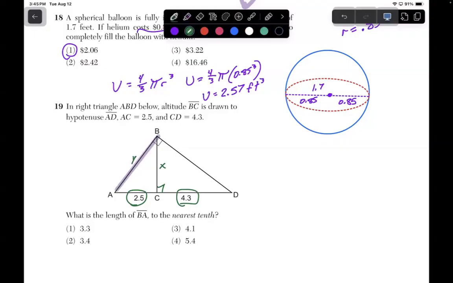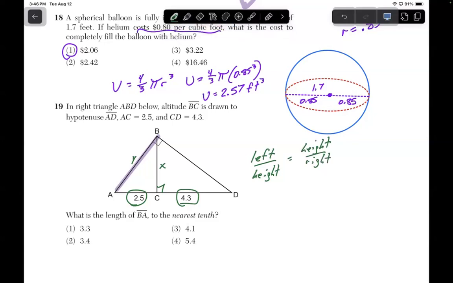But I can find the height using that fun little formula: left over height equals height over right. So it's going to be 2.5, and we'll call the height X, equals X over 4.3.